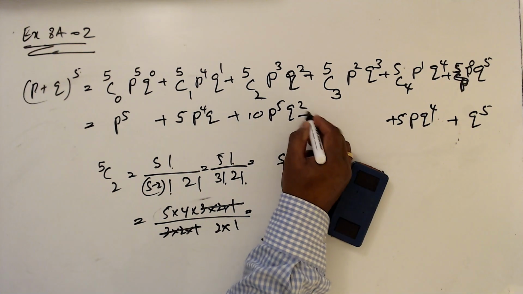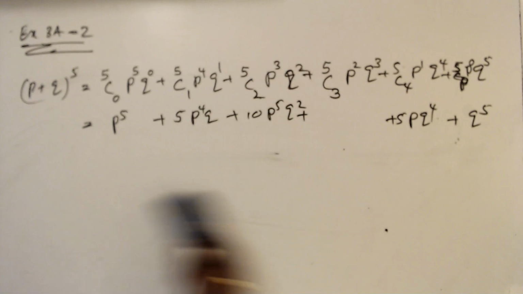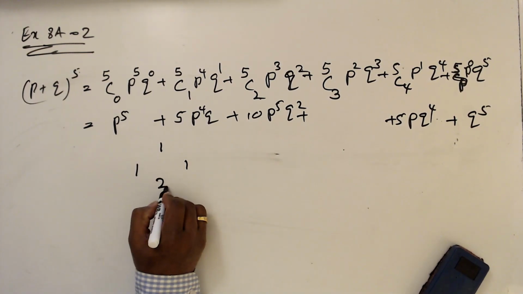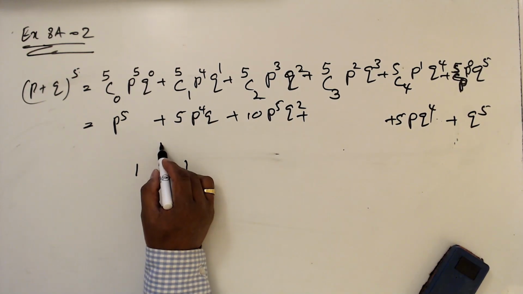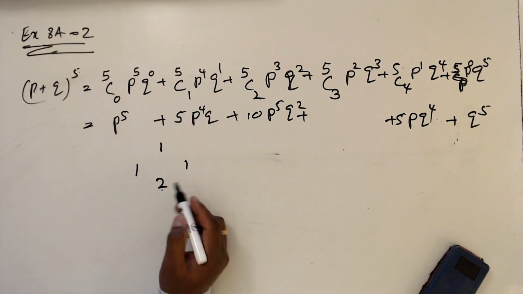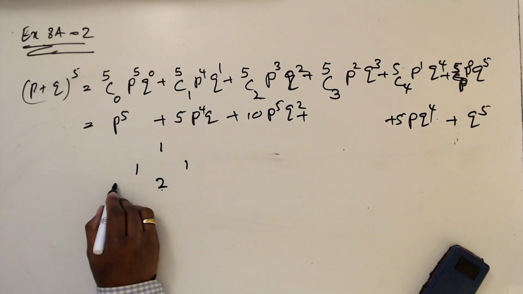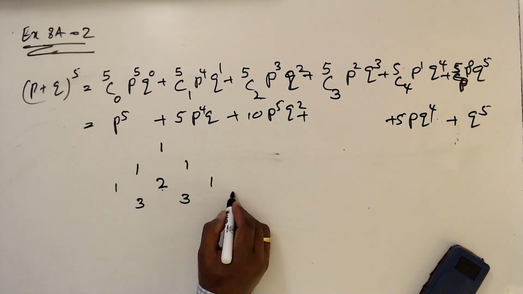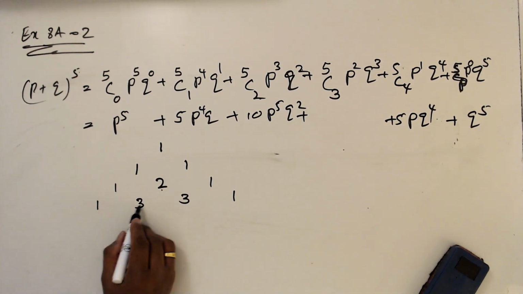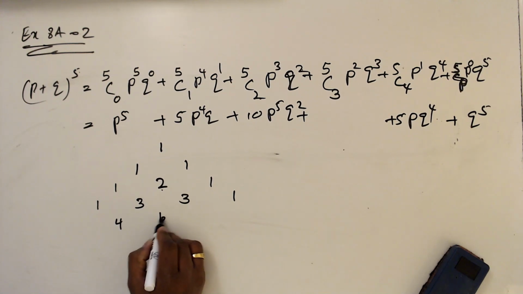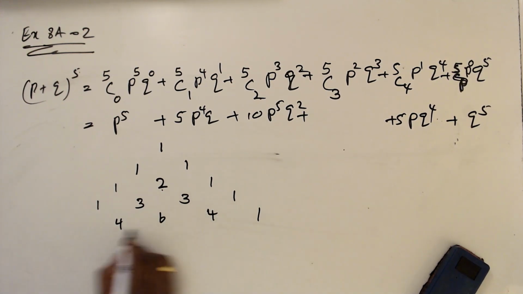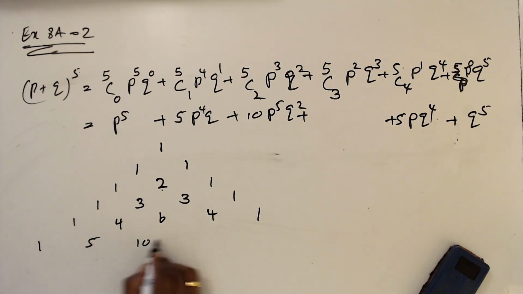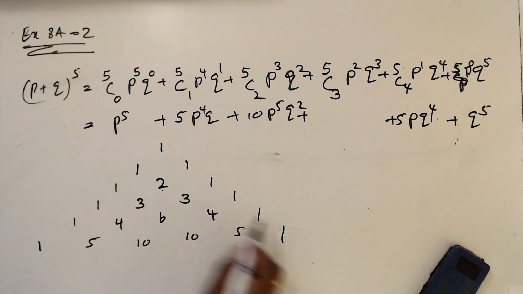Now we'll find 5C3 from the Pascal triangle. 1, then 1 plus 1, 2, always 1 on top. Then 1, 3, 3, 1, then 1, 4, 6, 4, 1, then 1, 5, 10, 10, 5, 1.